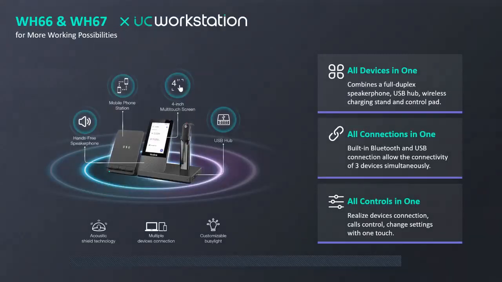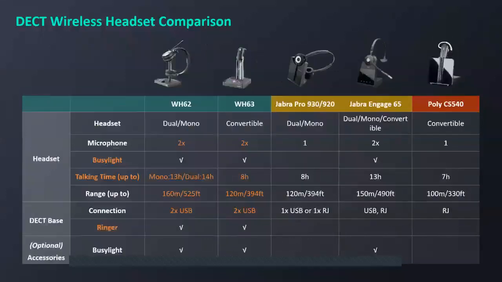And for the comparison, as you can see here, Yealink for the WH33, we have the two microphones, but for the Poly CS540, it only has one microphone. And we have the busy line option, and longer talking time, and larger pickup range.